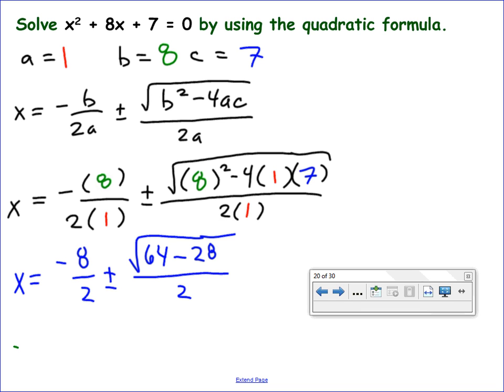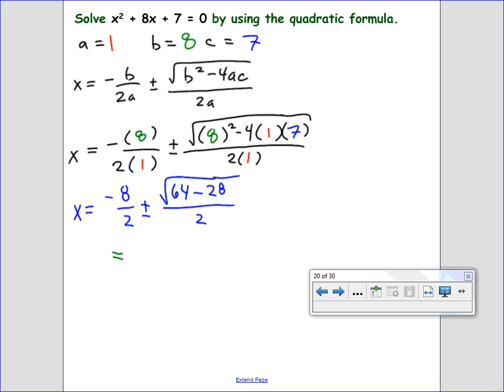Next, x equals negative 8 halves, which is negative 4, plus or minus. Let's jump inside the radical. 64 minus 28 is 36, square root of 36. Is that 36?